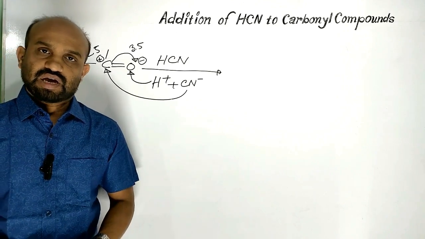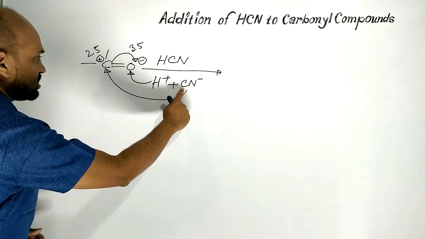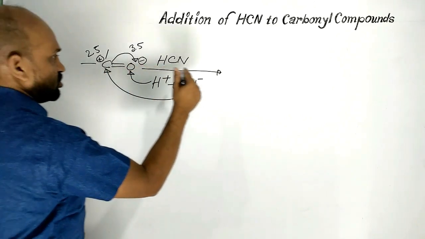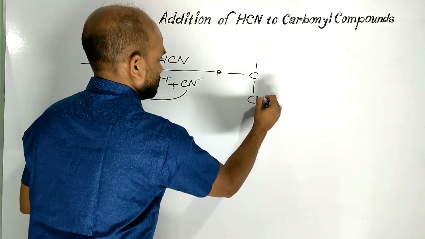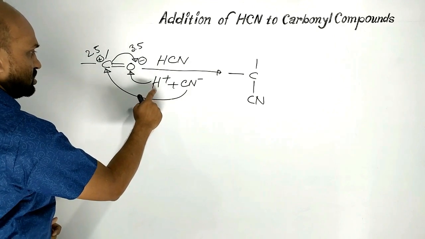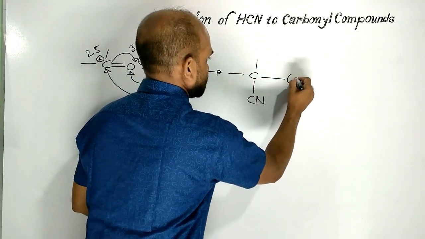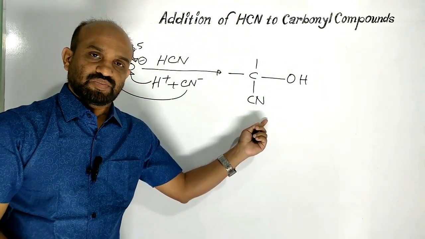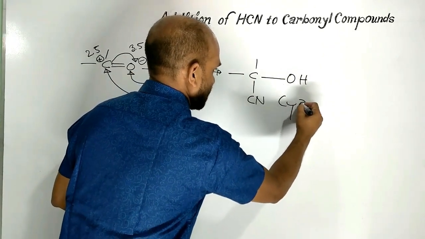Let us see additive product. Cyanide ion combines with positively charged carbon. Then proton combines with negatively charged oxygen. This is additive product which is called cyanohydrin.